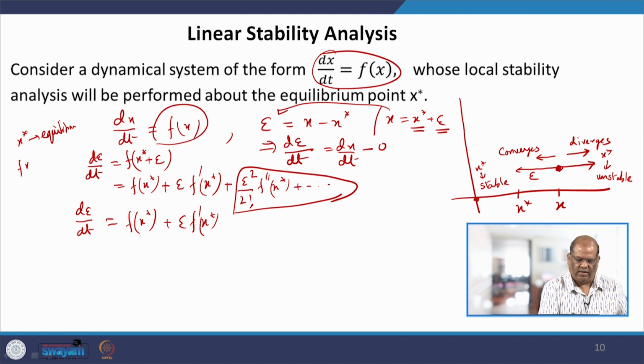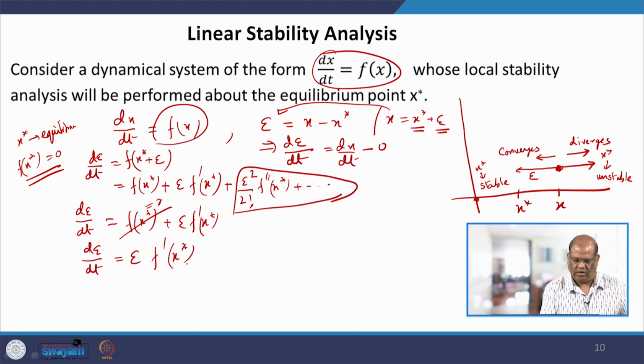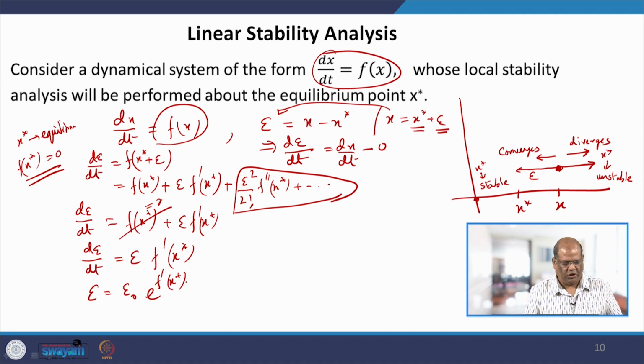So, f(x star) must be equal to 0, and hence this will be equal to 0, and we are left with d epsilon/dt equal to epsilon f dash x star. It is a simple differential equation, and the solution will be epsilon equal to epsilon 0 e to the power f dash x star t, where epsilon 0 is the initial condition.